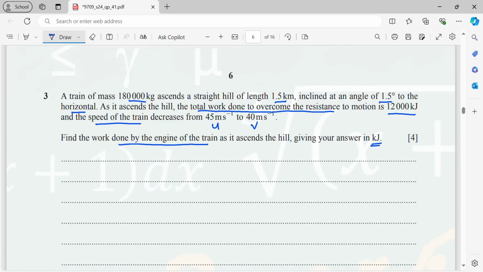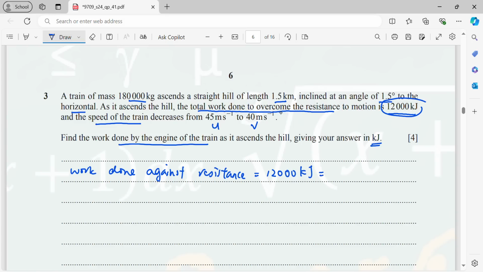Okay, so now here I will write this first, 12,000. So that is the work done against resistance equals 12,000 kilojoule.